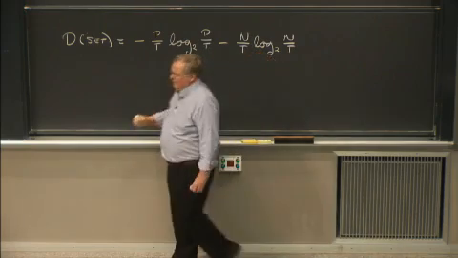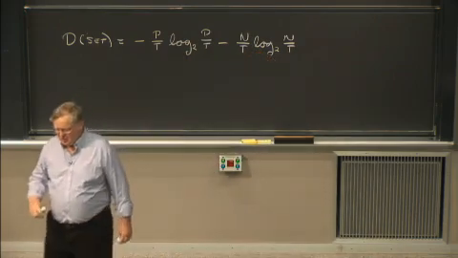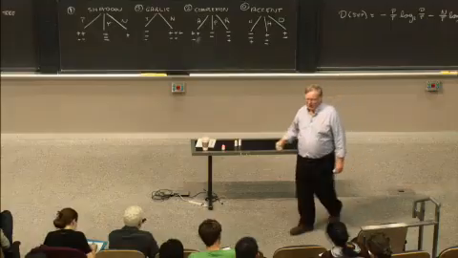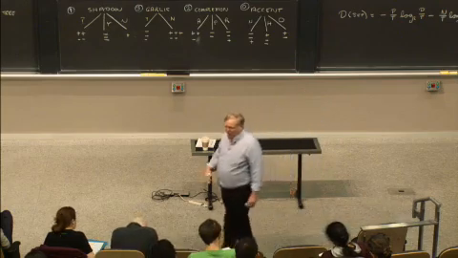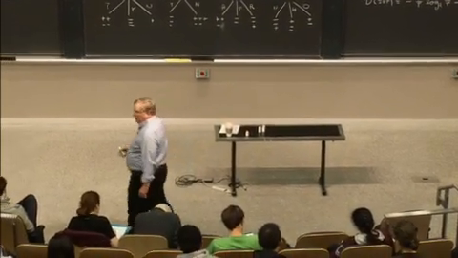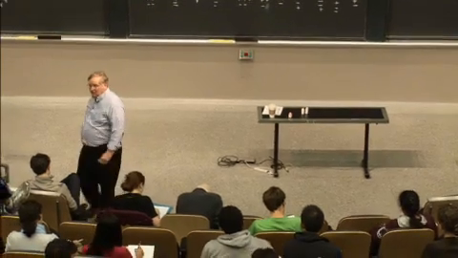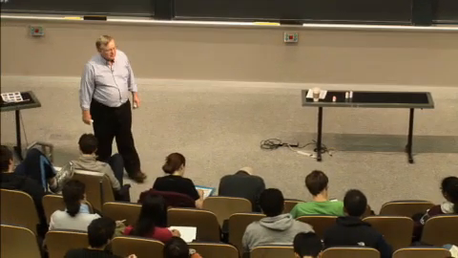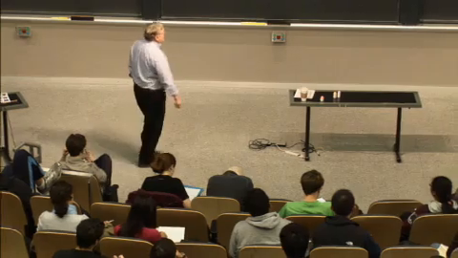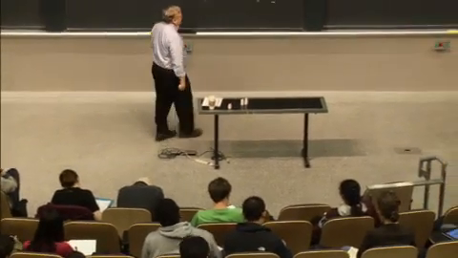Those negatives look a little worrisome because you think, well, maybe this thing can go negative, but that's not going to be true, right? Because these ratios are all less than 1, and the logarithm of something that's less than 1 is negative, so we're okay. So that's a lovely way of measuring disorder.